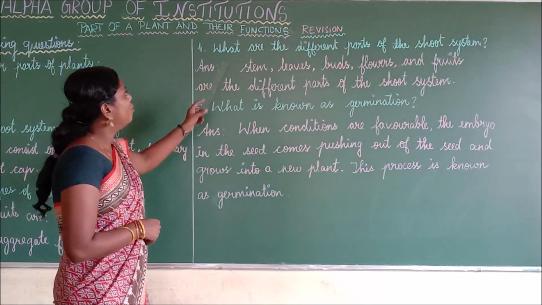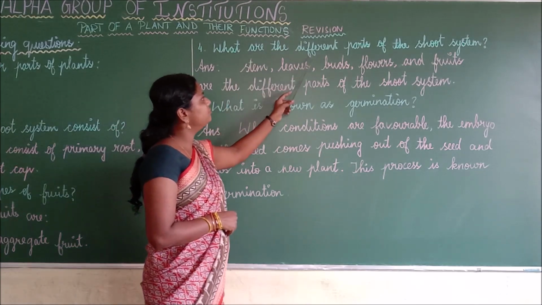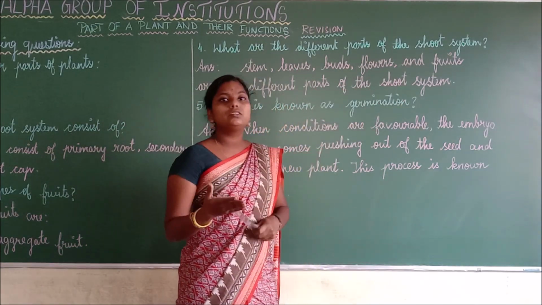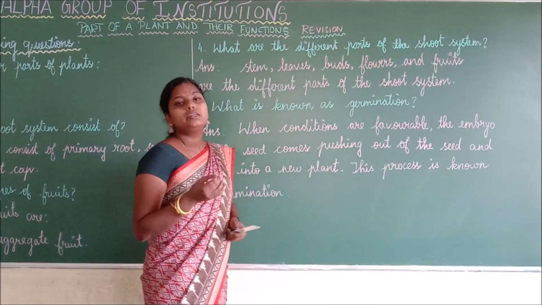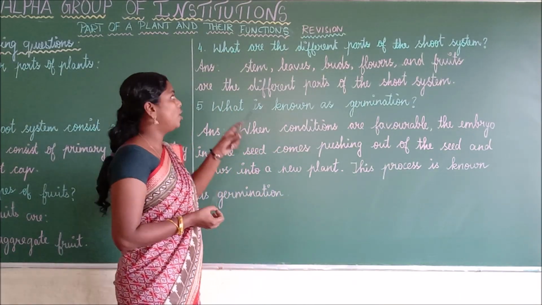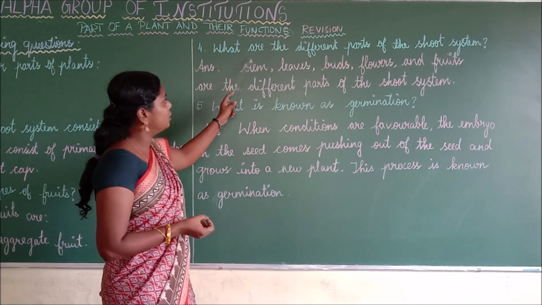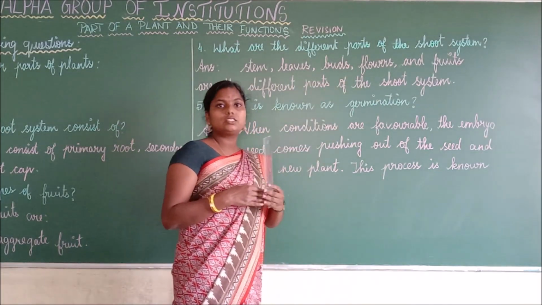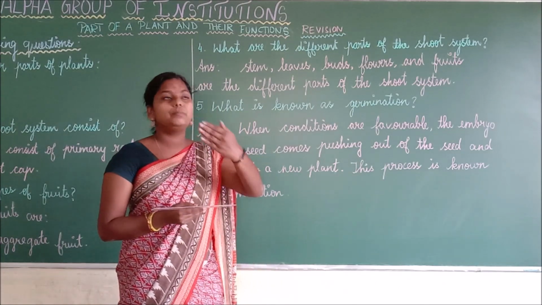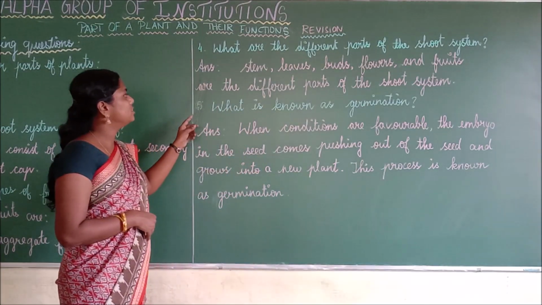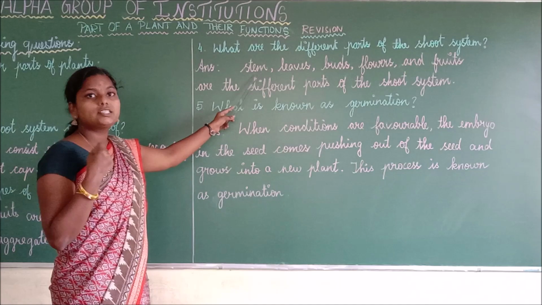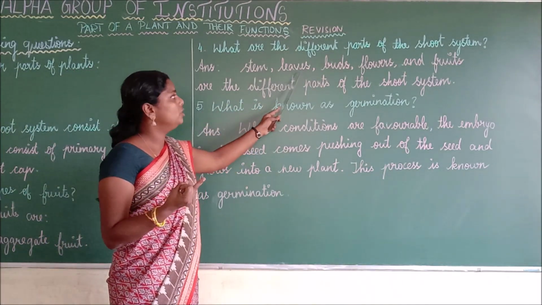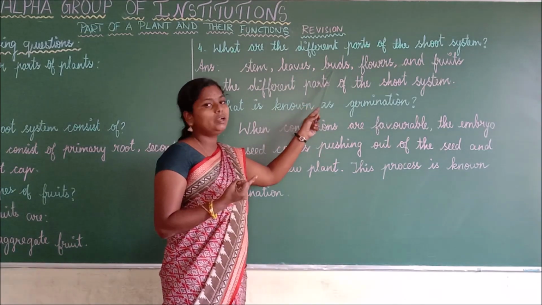Fourth one, what are the different parts of the shoot system? Previously we saw the parts of the taproot system. Now they have asked you what are the different parts of the shoot system. The shoot system is the system which is above the ground. The first one is stem. From the stem, the leaves will sprout and then the small bud will appear.